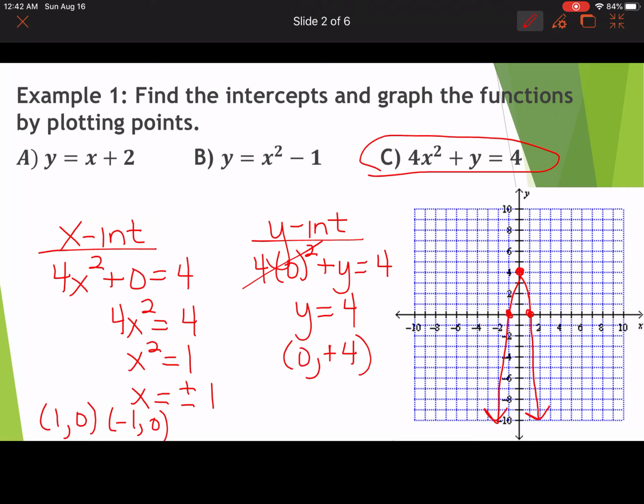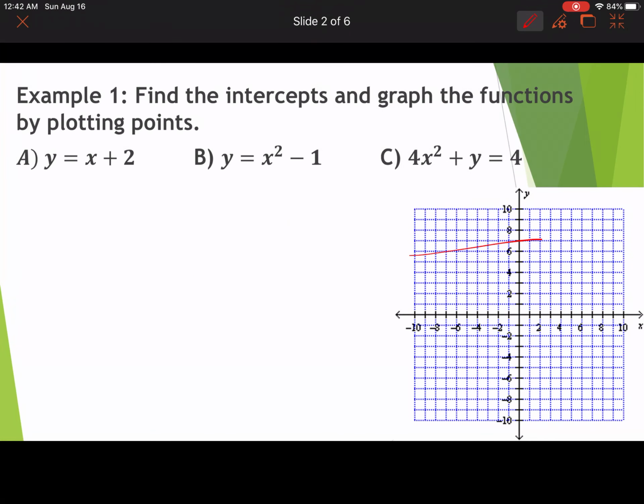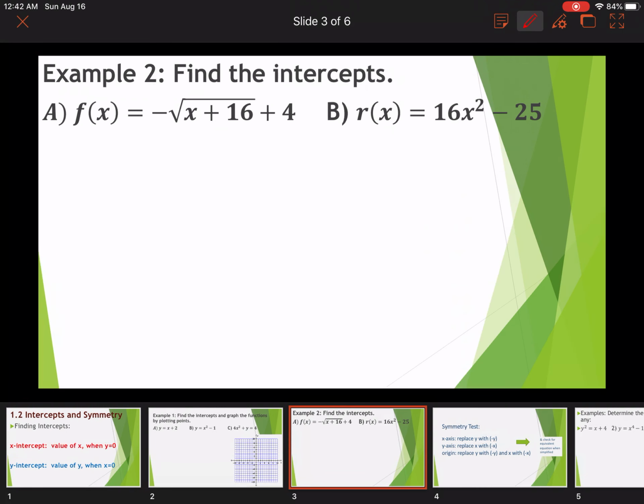To find our y-intercept, that would be 4 times 0 squared plus y equals 4. Anything times 0 is 0. So y equals 4 is my y-intercept. So 0, positive 4.